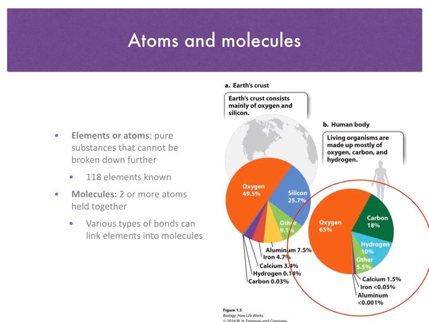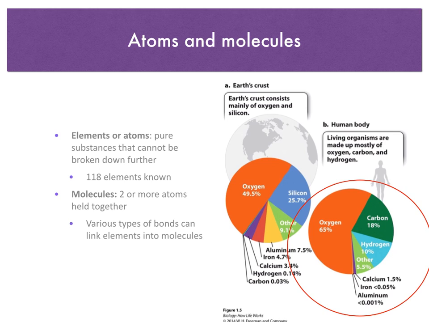For example, in the human body, like in every living organism, carbon is extremely present, while in non-living material, for example the Earth's crust, it is mostly silicon that replaces carbon. But overall, atoms are the same in living and non-living things.